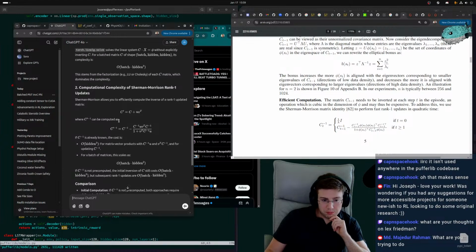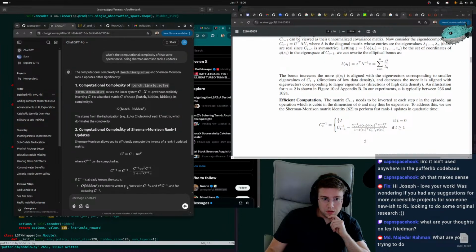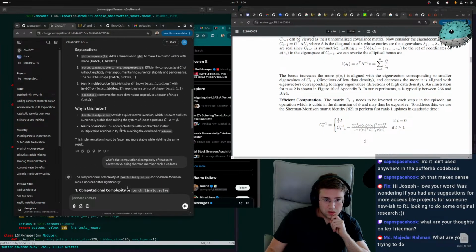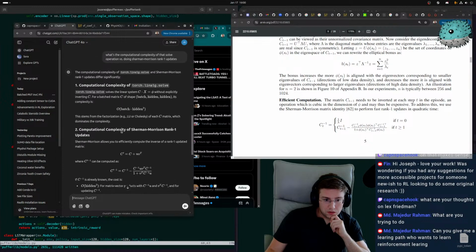Okay, so let's just implement it this way then. So you're storing the inverse mat, I guess.